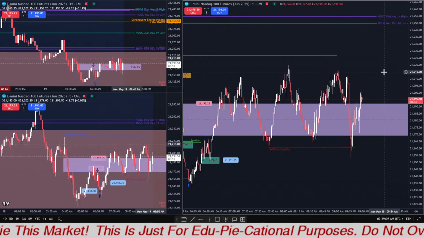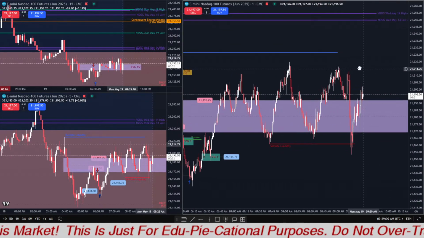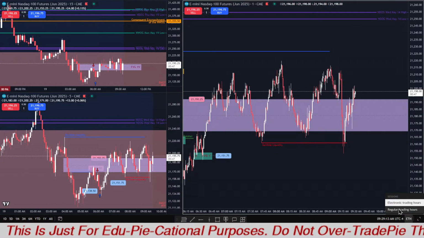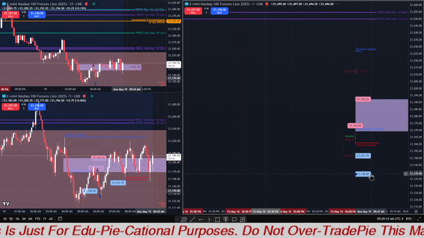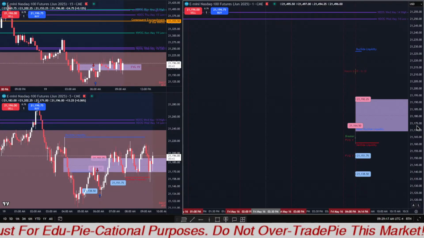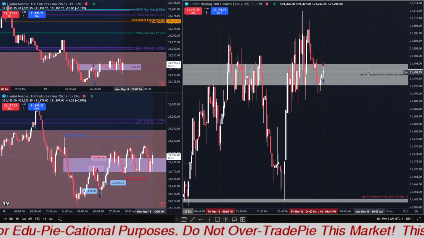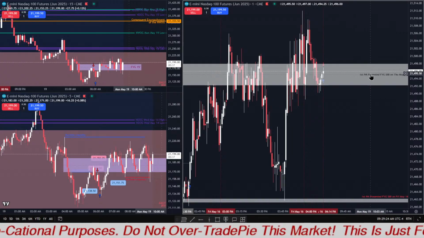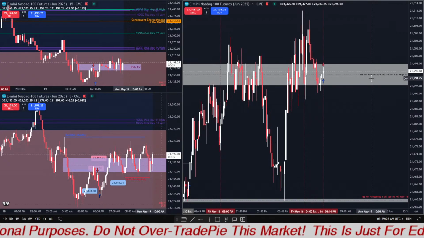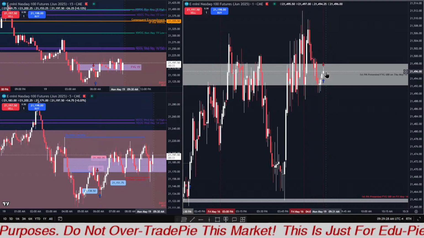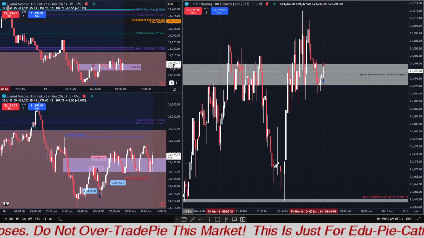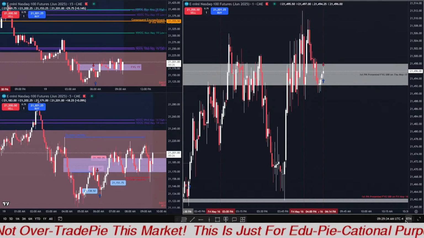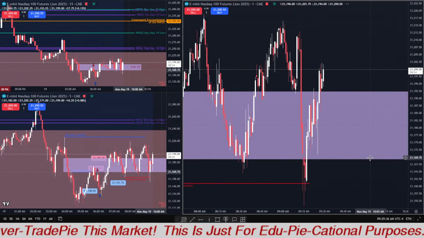Okay, now just a little bit, I want to also have a look at the regular trading hours. You can see the close of the Friday is at 21,496, and now we are trading at 21,200. It's around 290 handles more or less.